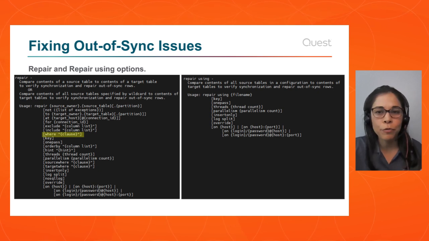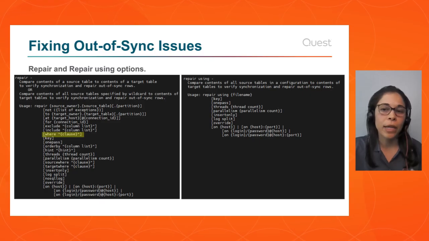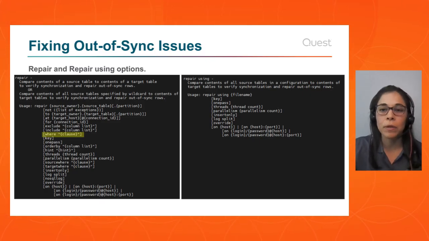This is a similar view for repair and repair using. The most common option here is the where clause. Usually, customers use it to filter specific rows that need to be repaired. For example, if the table has a create date or a last update date, you can use those columns on this out of sync table.